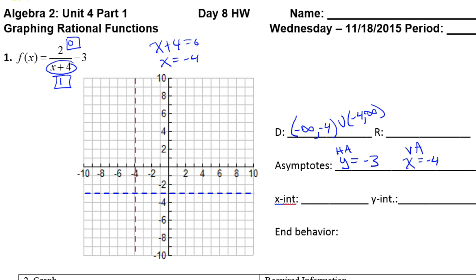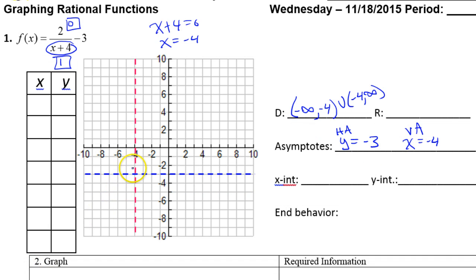We need a table of values. Now listen to me well. Most of you try to stick to the integers and you avoid decimals. What I want you to do is, when you see a vertical asymptote, I want you to use values that are very close to the left and right. I want you to use decimals. So the vertical asymptote is -4.